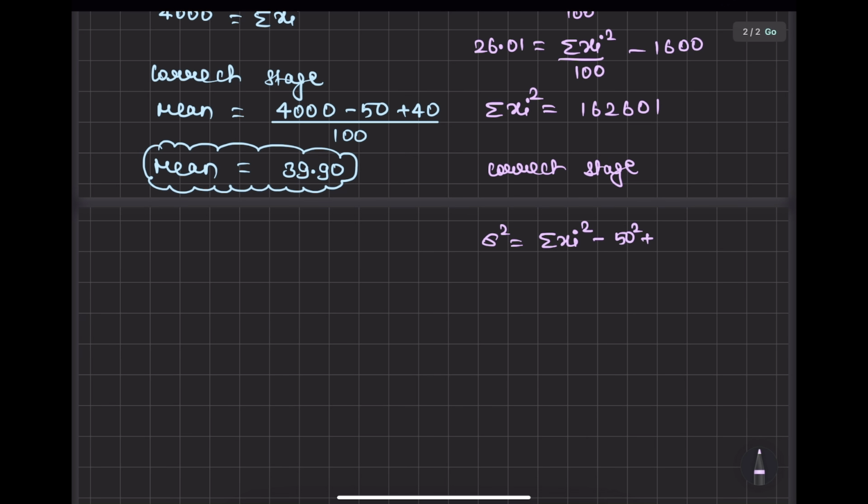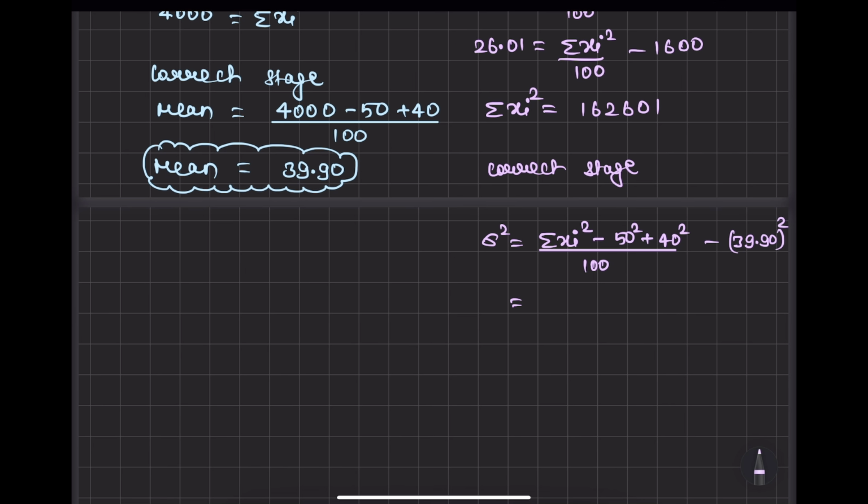We will introduce the correct element square, so it is 40 square, then divide by the number of numbers, and then we will subtract the square of the real mean. The real mean is 39.90, square. Now look at this. So it is 162601.